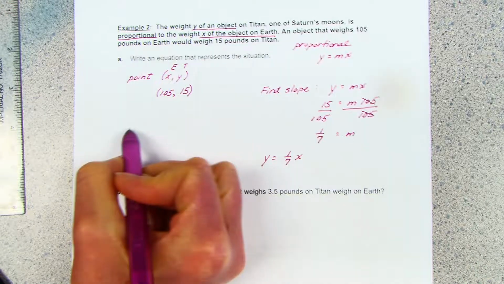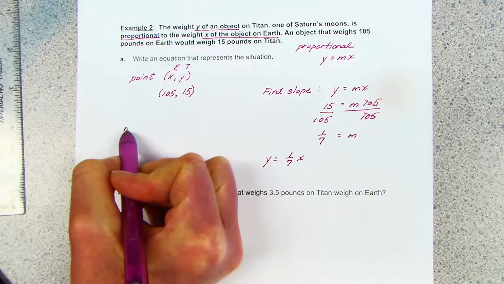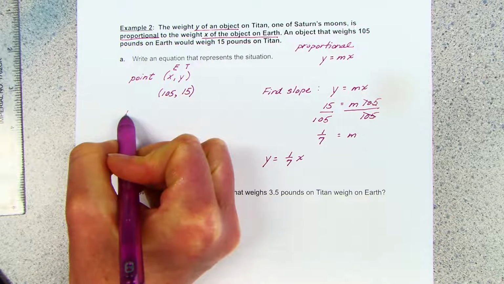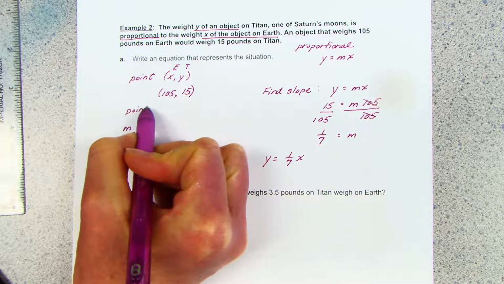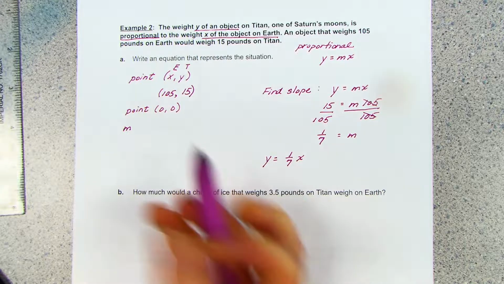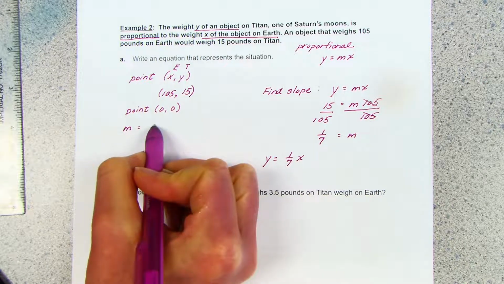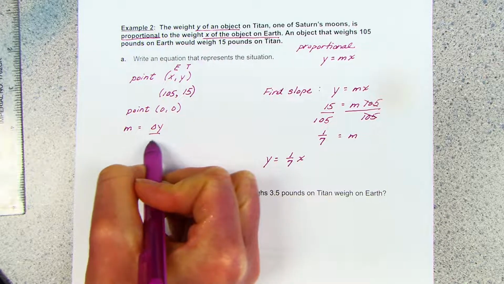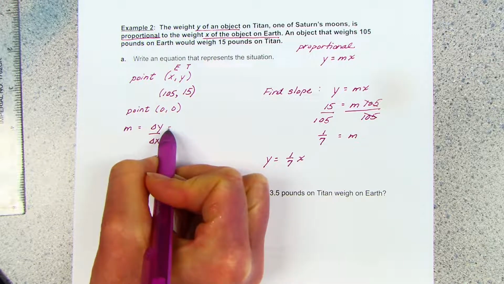Let's see what that would look like if we used another point, 0, 0, which we know because it's proportional. I can do the change in y over change in x.